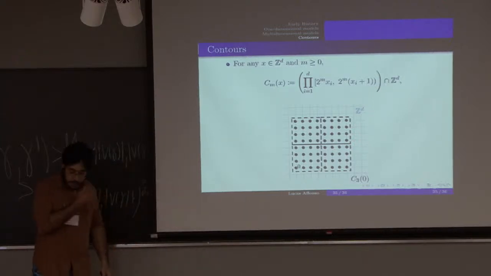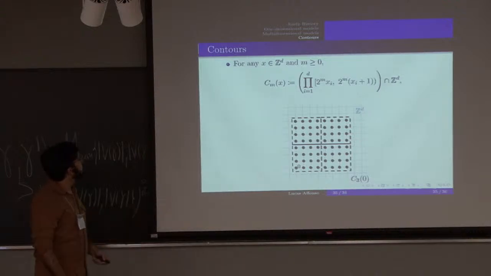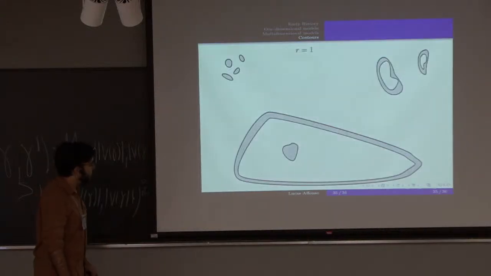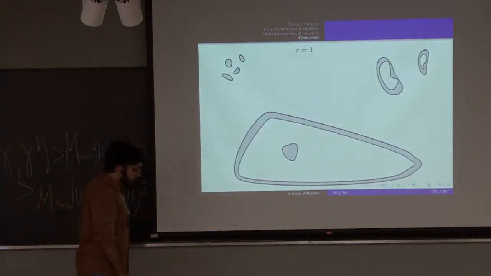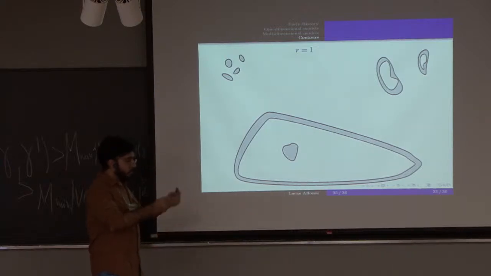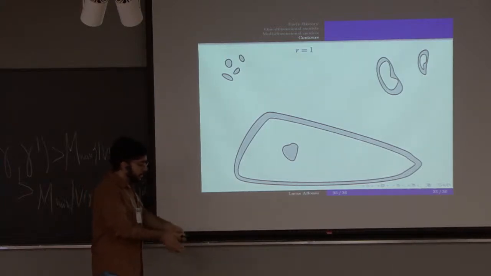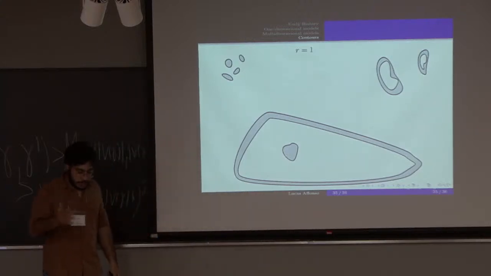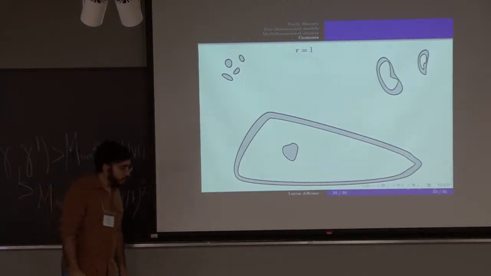In this way, you don't need to take minimal coverings. And what he does is the following. Again, the idea is the same: you take the coverings at each scale, you define some notion of a graph, and then you take the connected components of this graph.